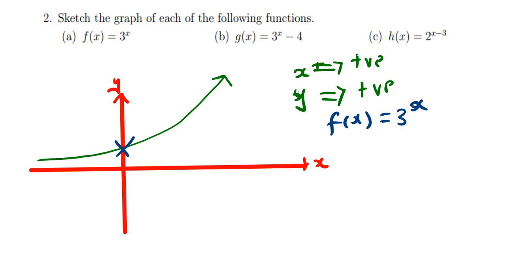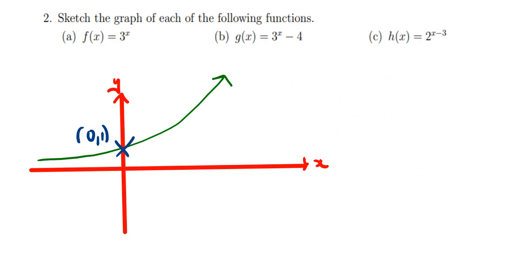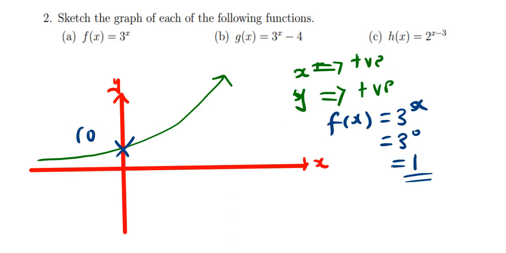On the y-axis, the value of x throughout is 0. So where there is x, you put 0. We're just going to have 3 to the power 0. We've said any number to the power 0 is just 1. So therefore this point is (0, 1), and that is your graph like that. Very basic, not complicated. So that's how we solve the first one.